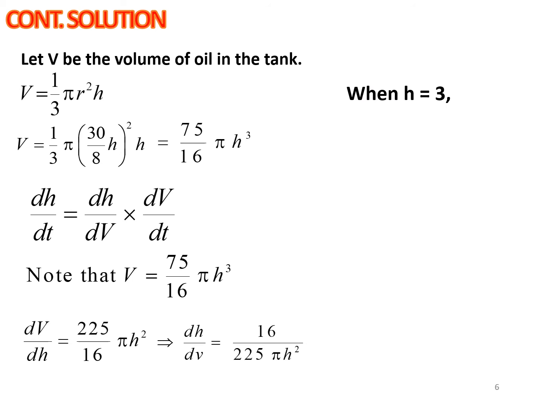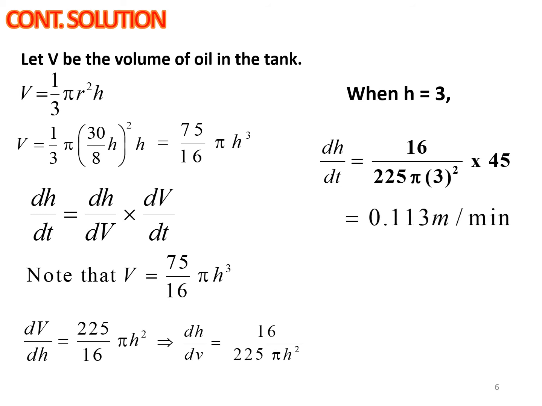When h equals 3, we substitute everything into the chain rule. dh/dt equals 16 over 225 pi h squared, substituting h equals 3, and times 45, which is dV/dt. Then we will have 0.113 meters per minute.